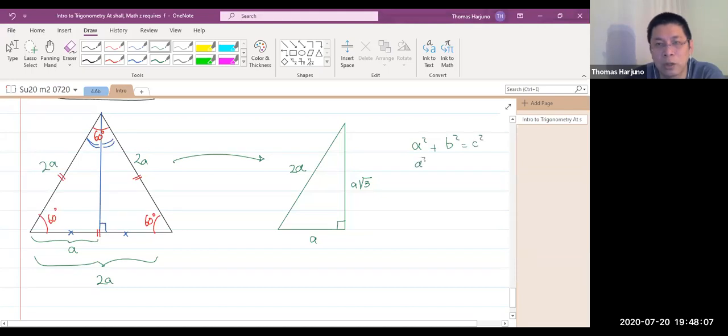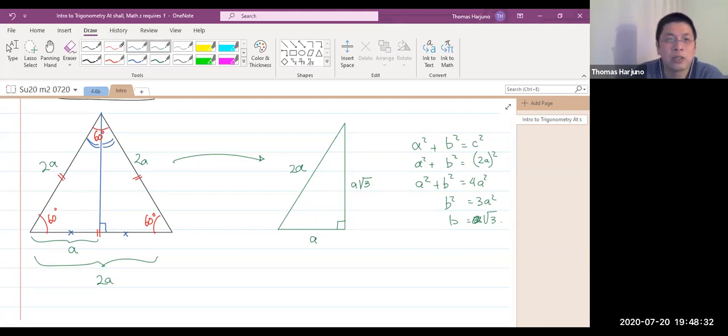The A squared is just A squared. B squared is what we're looking for. The C is 2A. And we are trying to solve for B. So B will be A square root of 3.